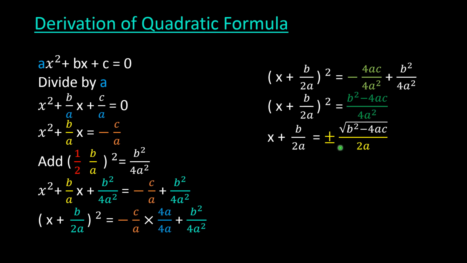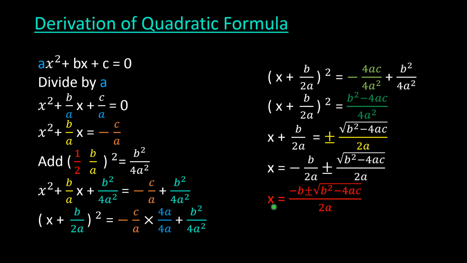Here there are two roots of a real number. One is plus and the other is minus. Now we will take this b divided by 2a on the right hand side. So it will be minus b divided by 2a. Now here the denominator is same, so we can directly add or subtract the numerator.